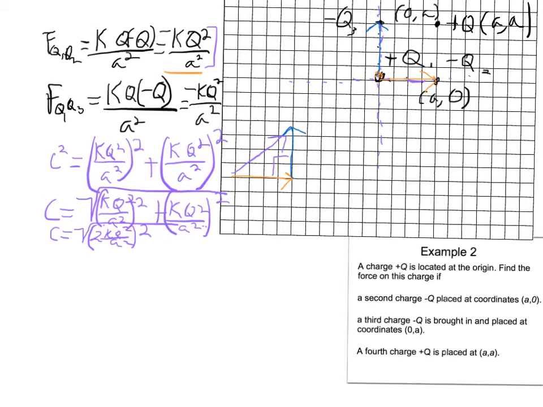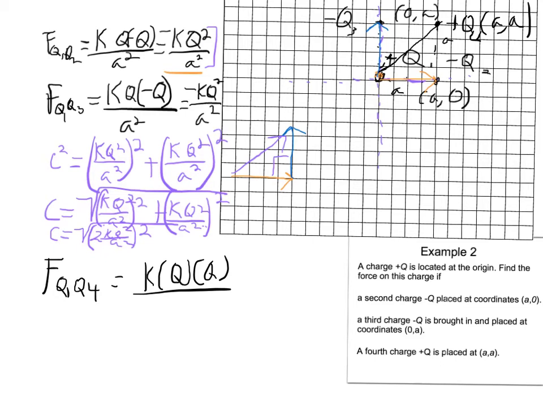The tricky part now is we've got to get the distance correct, so let me start this and I'll show you. If we're looking at this fourth charge, which we can call q4, F q1 q4 is kqq over... Now, the distance isn't a squared, because if we draw a line from the original charge to the new one, that's a diagonal, and if we were to complete this triangle, it has sides a and a.